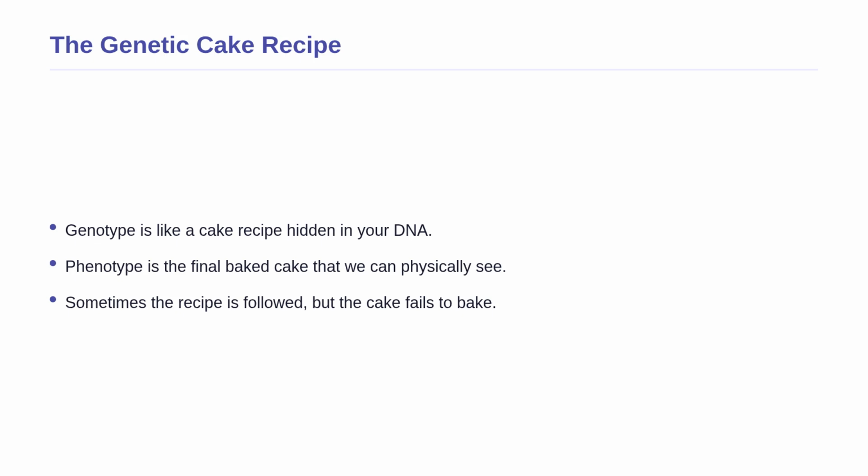The final baked cake is your physical trait, or phenotype. But what happens if a friend follows the recipe perfectly, yet their oven malfunctions? The cake simply does not bake at all. Similarly, a person can have the exact genetic recipe for a trait, but for some reason, that trait never actually appears in their body.